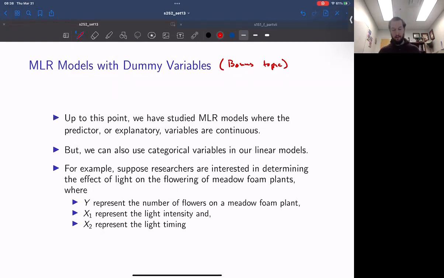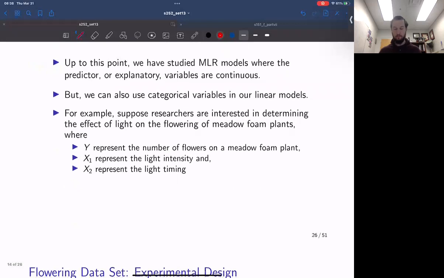To understand this, we're going to use a data set that measures the number of flowers that grow on meadow foam plants as a function of two explanatory variables: light intensity, which is continuous, and light timing, which is categorical.